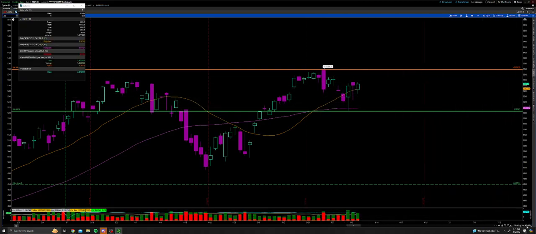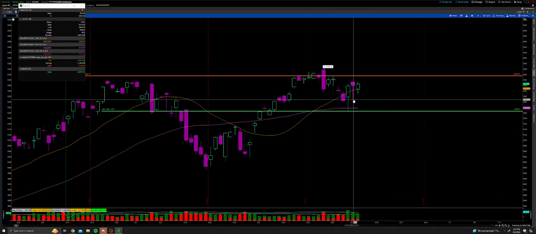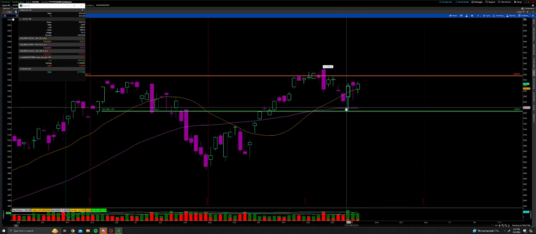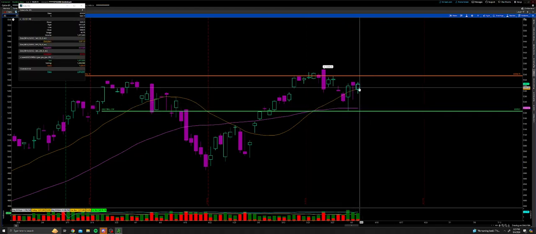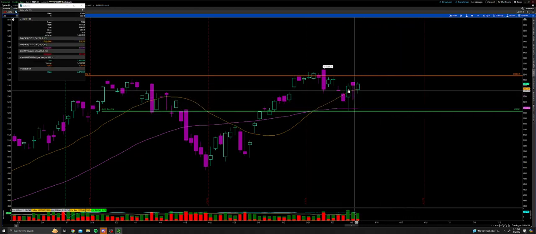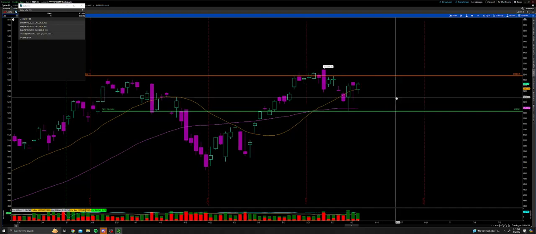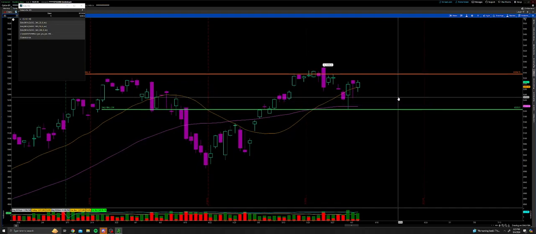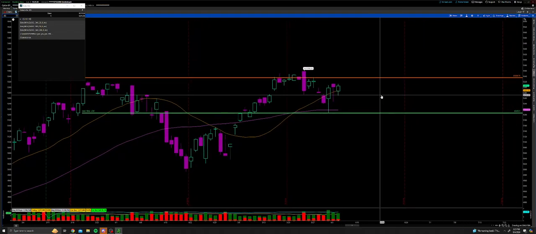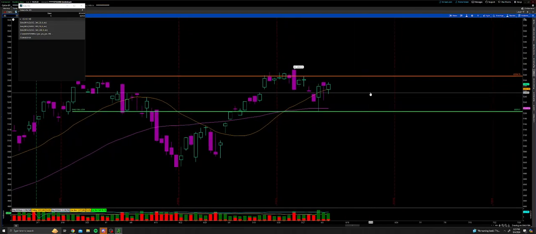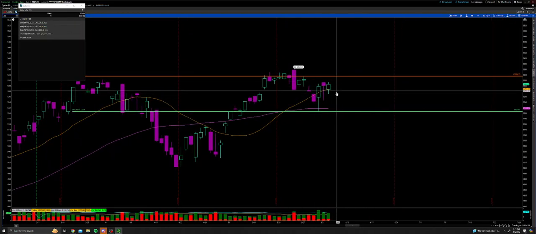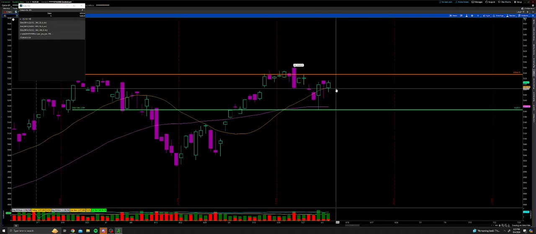You can see that we are holding the 20-day moving average. We got down to the 50 and we're holding above that. So right now it's a whole lot of chop in between those two moving averages, which has caused some lack of movement, in my opinion. But so far, the daily is just pretty much balanced.